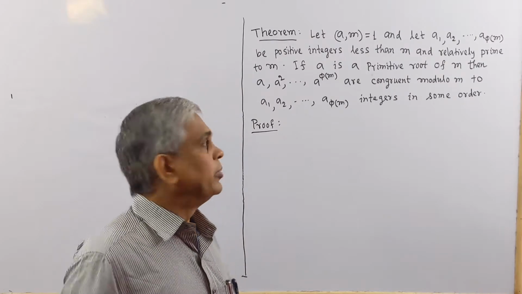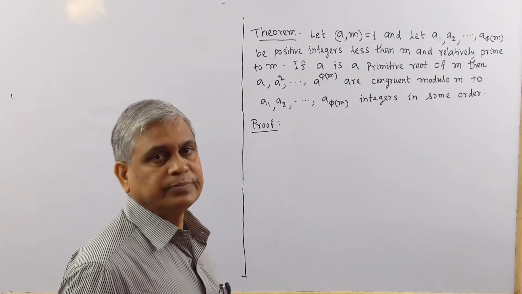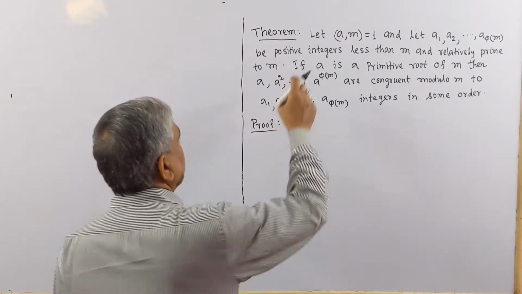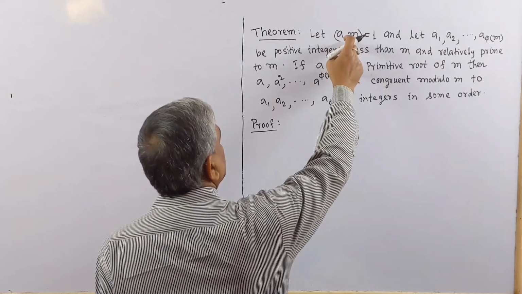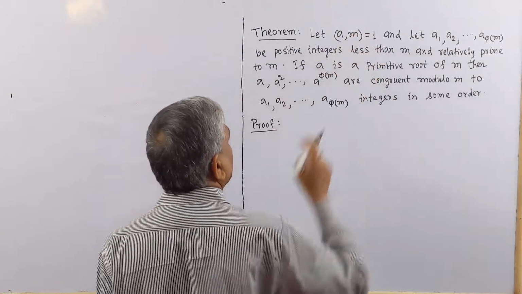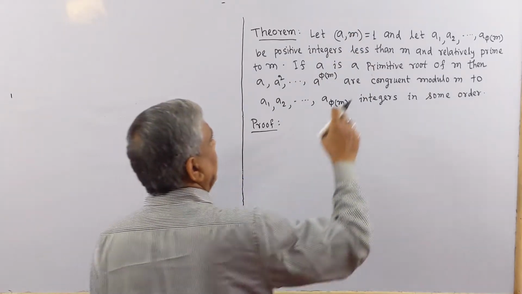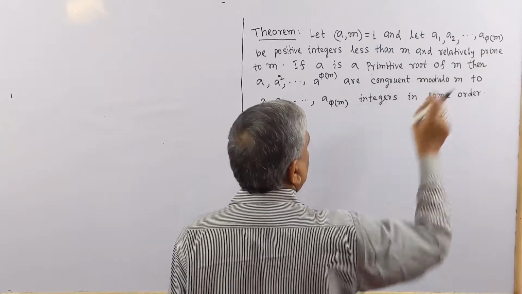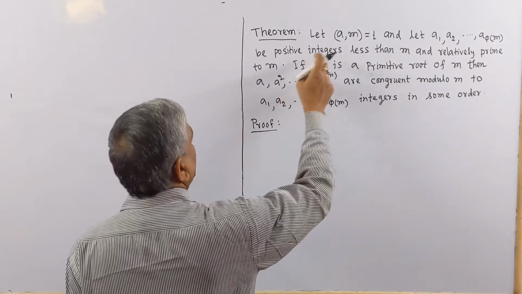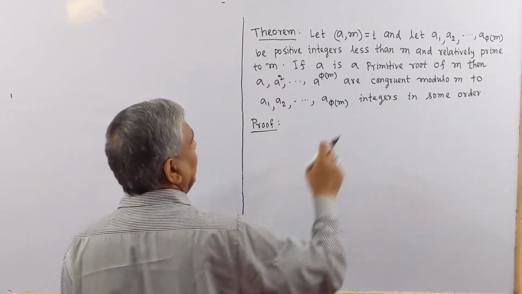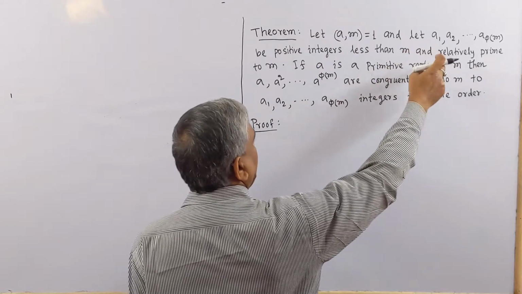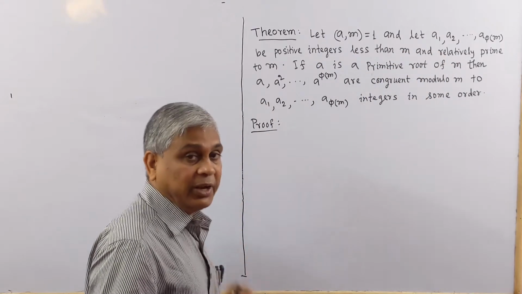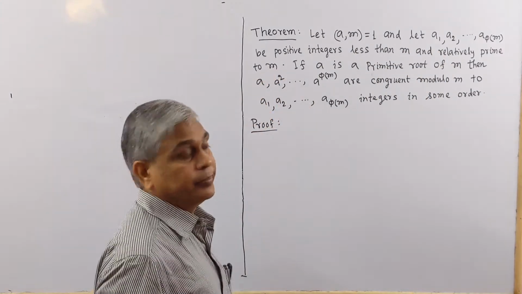Now we prove another theorem. Theorem is, let GCD of a and m equal to 1 and let a1, a2, comma, dot dot dot, a phi m be positive integers less than m and relatively prime to m.